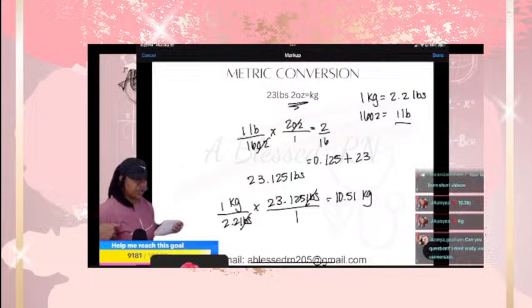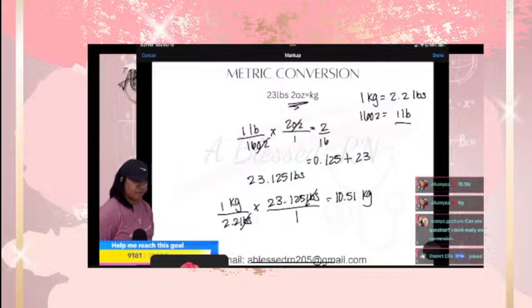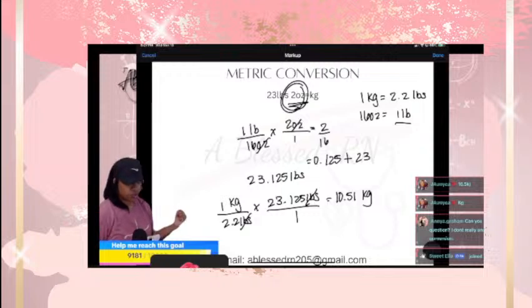Yes, 23 pounds and 2 ounces equals how many kilograms? So you're going from pounds and ounces to kgs. So therefore, you can't go from pounds and ounces to kgs. You have to go from pounds to kgs. So you have to convert this part to pounds as well, okay?